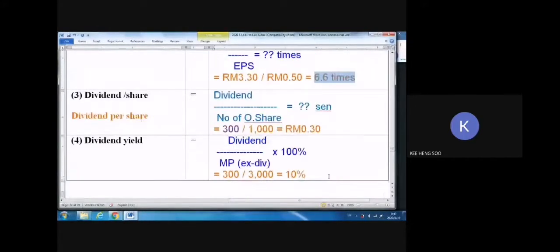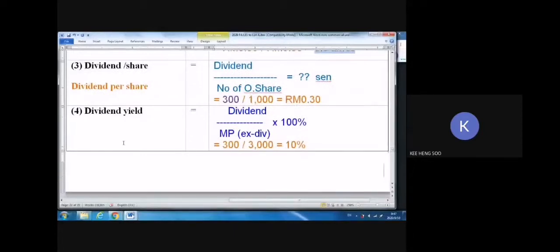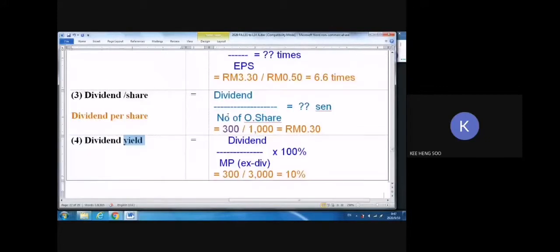You measure the percentage of return. Dividend yield is the percentage of return. So based on this question, if dividend is 300, compared to market price, you see this one, I made a mistake, nobody informed me.